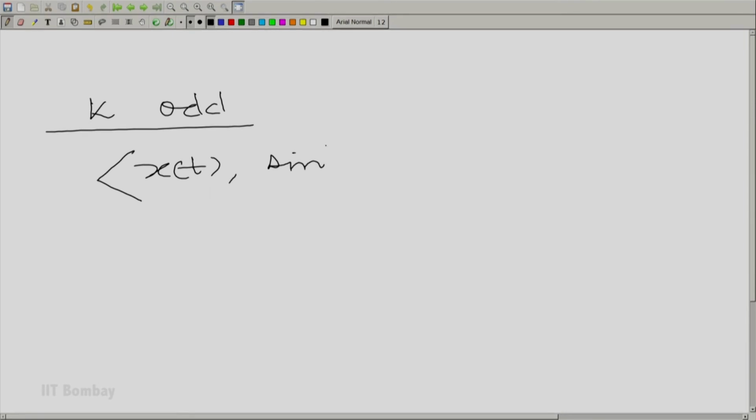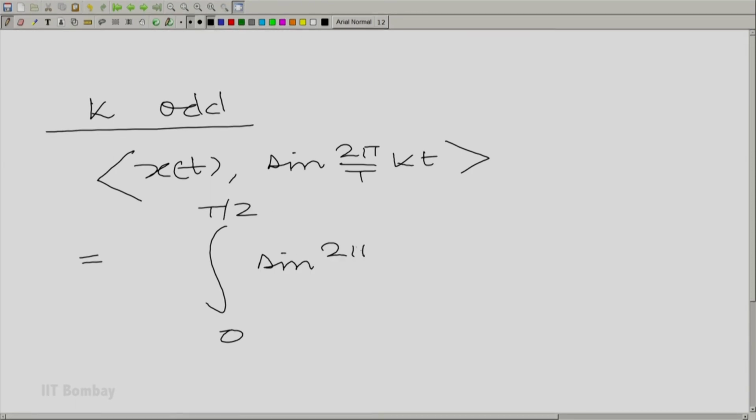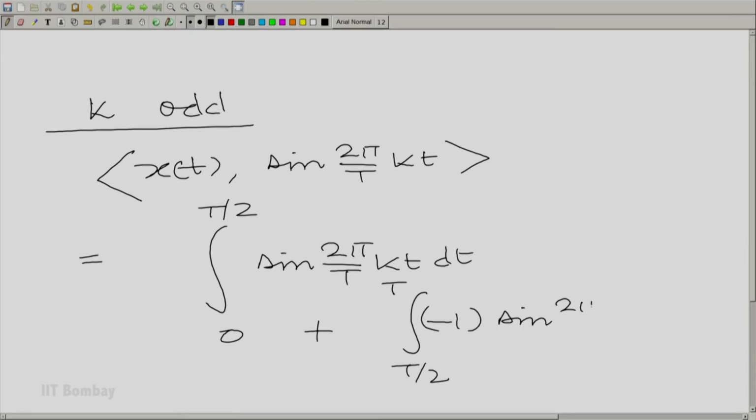So, for k odd, we have the inner product is the integral from 0 to T by 2 of 1 multiplied by sine 2 pi by T kt dt, plus the integral from T by 2 to T of minus 1 into sine 2 pi by T kt dt. And let us evaluate each of these terms separately.